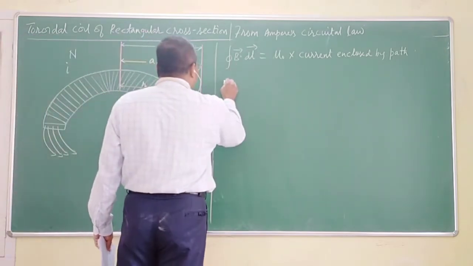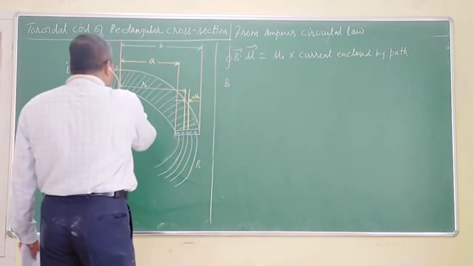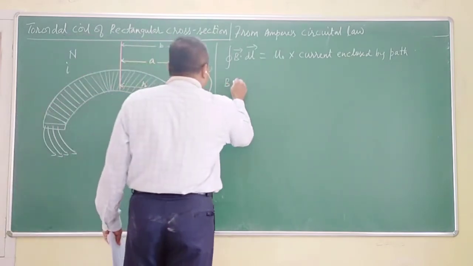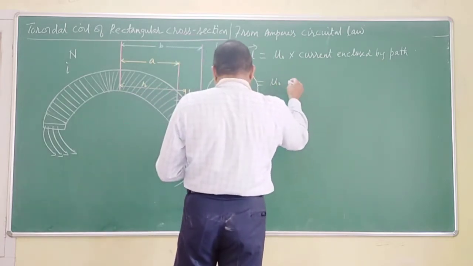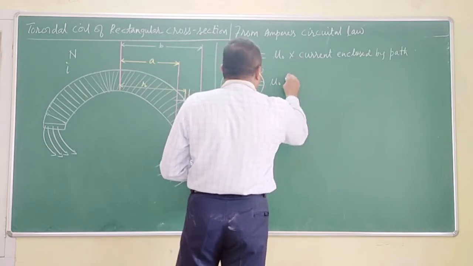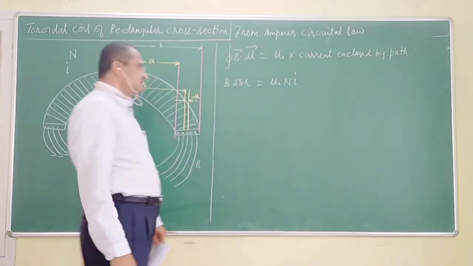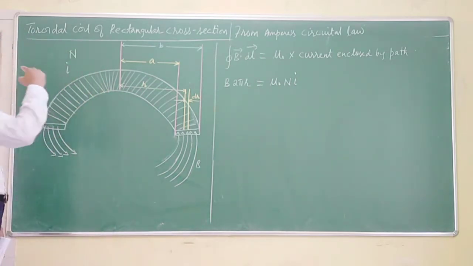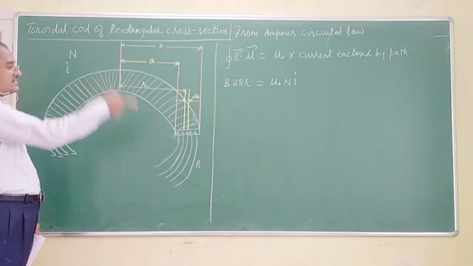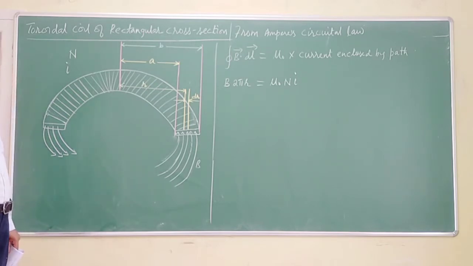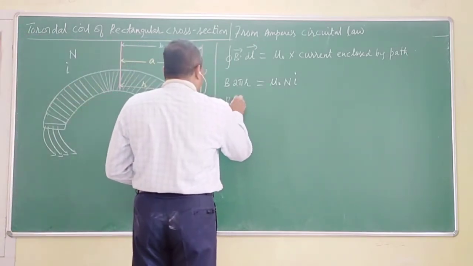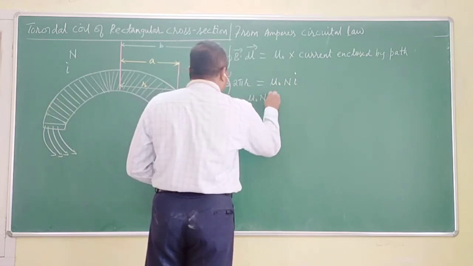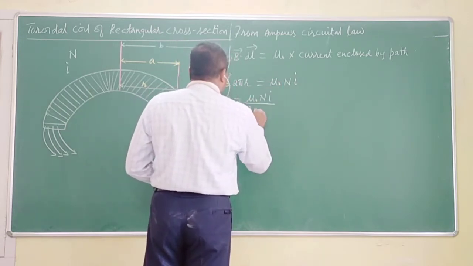Now if you integrate this, B, you have taken a radius r, circumference will be 2 pi r, is equal to mu naught, the current through each turn is I, there are N turns, into I. There are N turns wound in the toroid, and therefore NI will be the total current enclosed by that path. From this, I can write B is equal to mu naught NI upon 2 pi r.